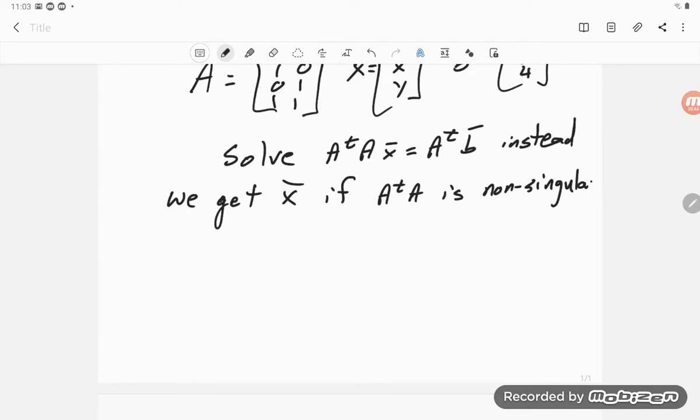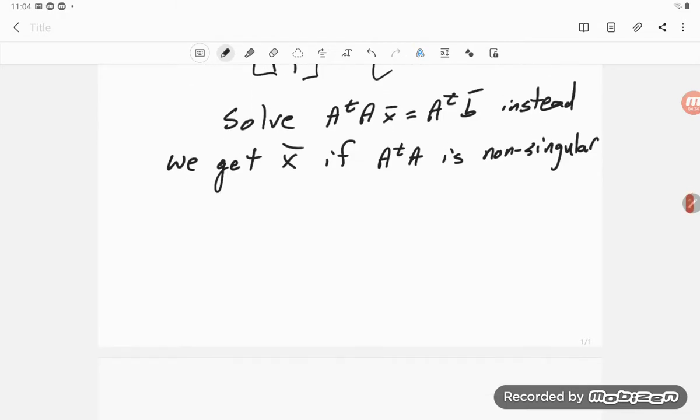Okay, that shouldn't be a surprise, right? If I do A transpose A, then I get a square matrix, and it happens to be symmetric as well, but I get a square matrix, and so I should have a chance of solving this new matrix equation. And certainly I will have a solution if A transpose A has an inverse. Okay, so this is great.